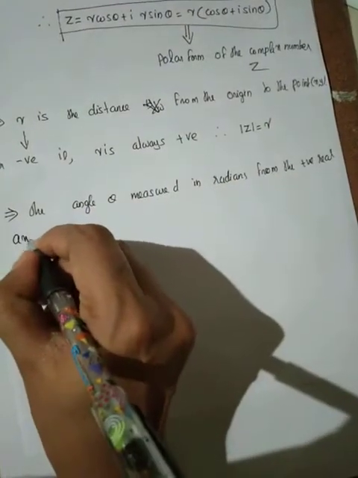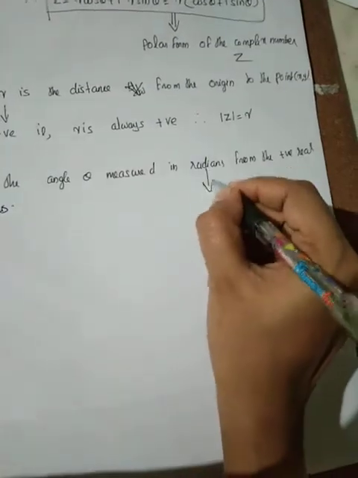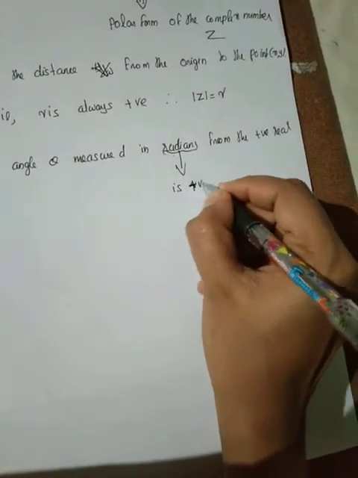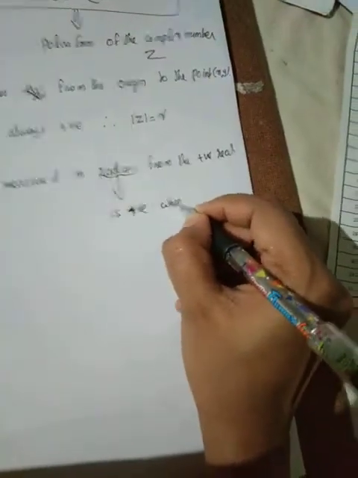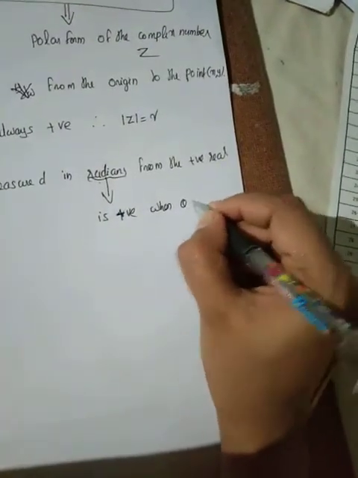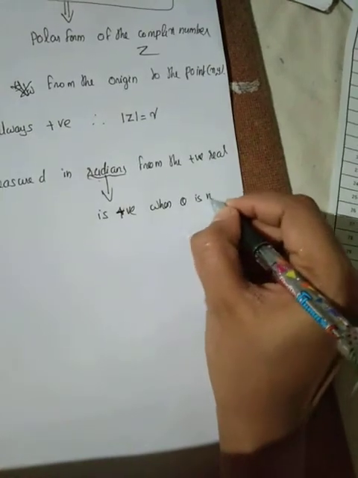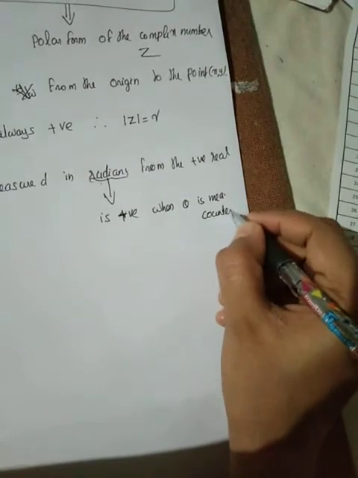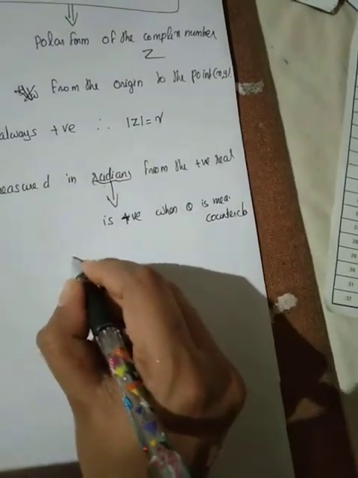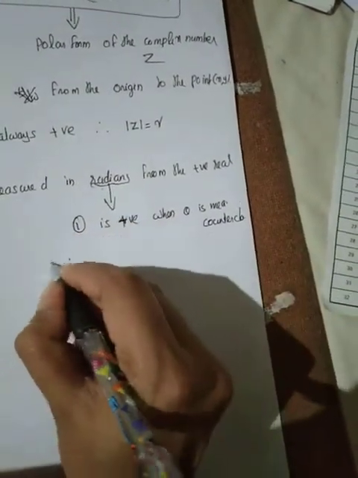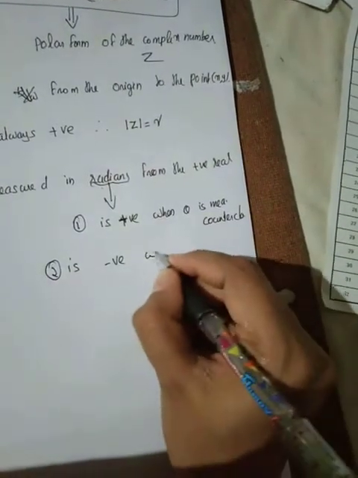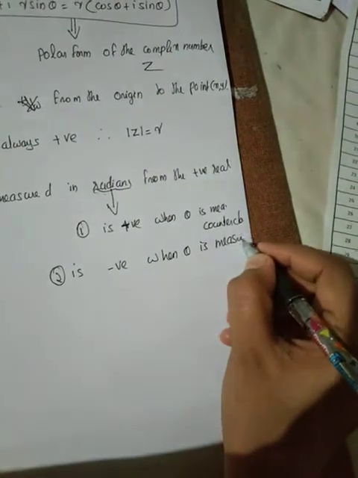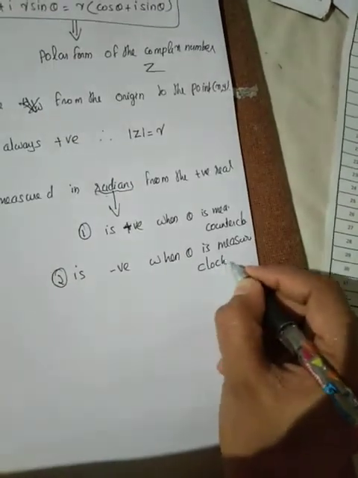The angle is positive when theta is measured in the counterclockwise direction, and negative when theta is measured in the clockwise direction.